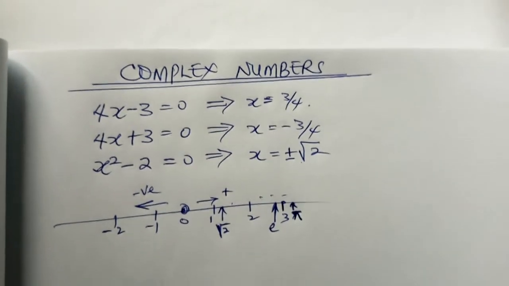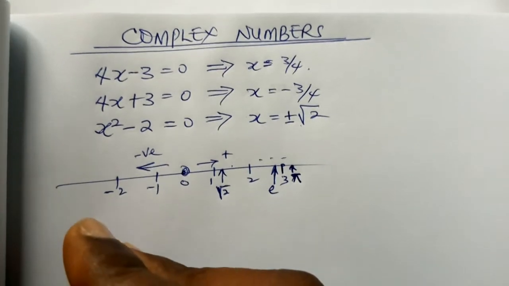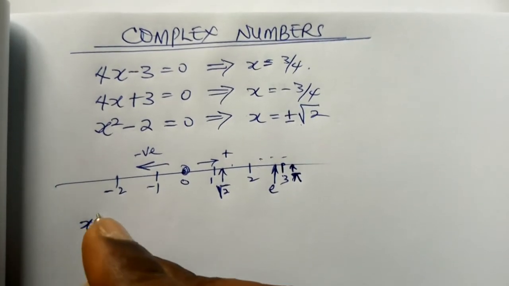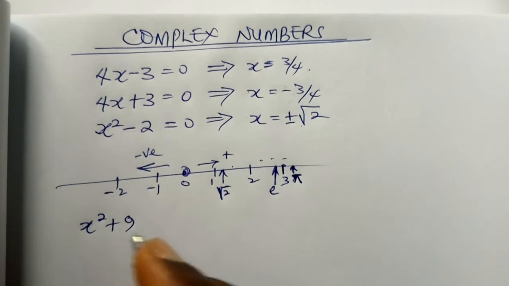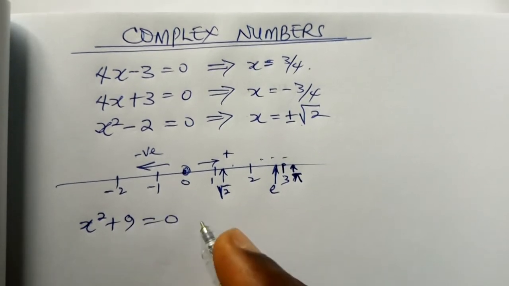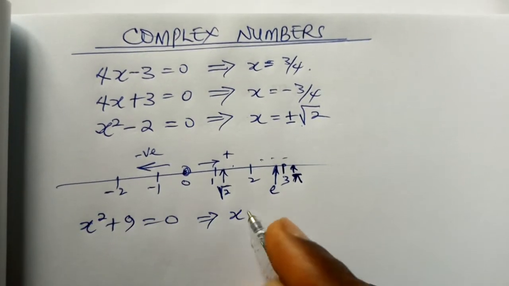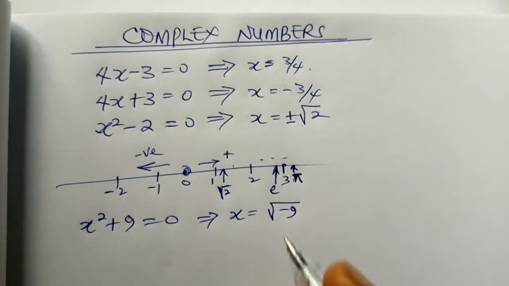But sometimes there are times when we are confronted with equations like this: x squared plus 9 is equal to 0, so that you see that x is equal to the square root of minus 9.